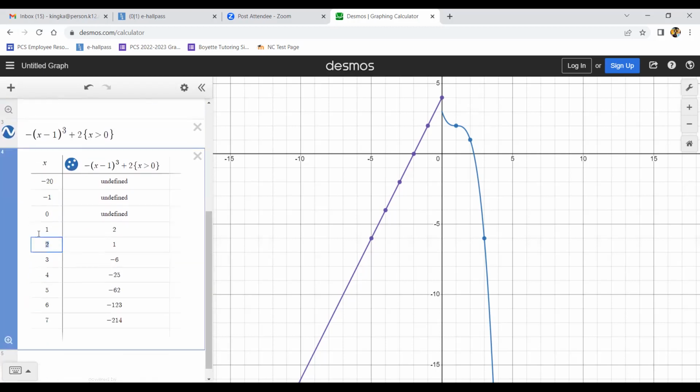If you plug in 2, you get 1. If you plug in 7, you get -2, 14. 15 is a little bit bigger than my table, so I'm just going to plug in 15 down here. -2, 7, 42. Okay.